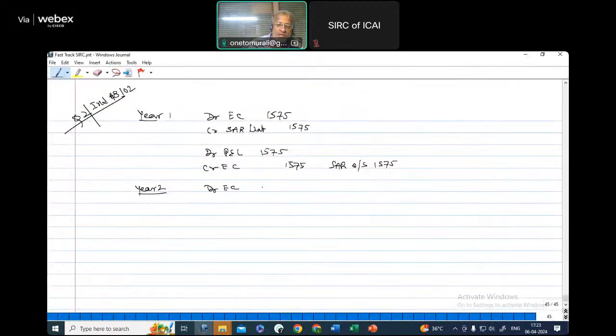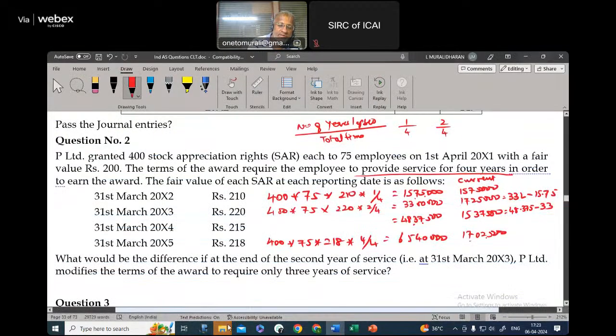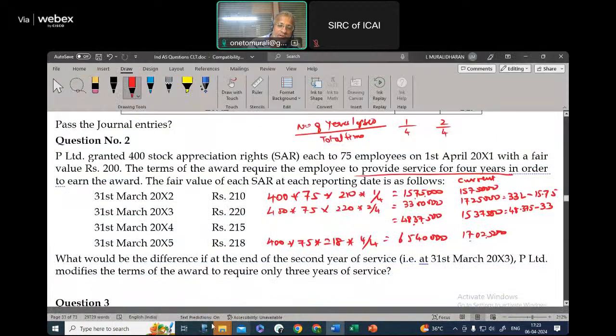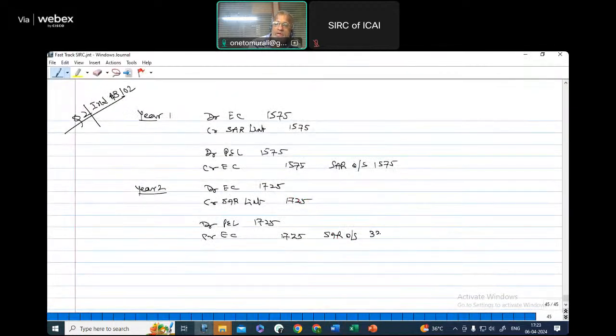Debit employees cost 17,25,000, credit SAR liability 17,25,000, debit P&L, credit employees cost 17,25,000, and SAR outstanding is expected to be 33,00,000.